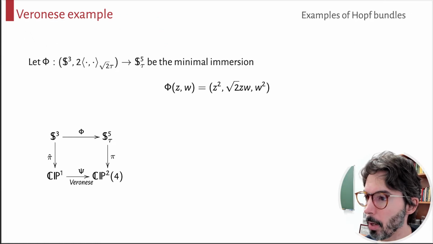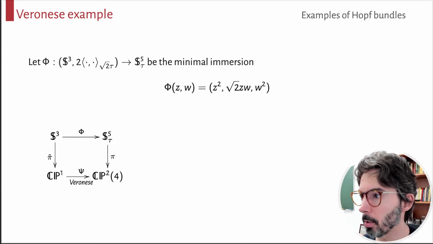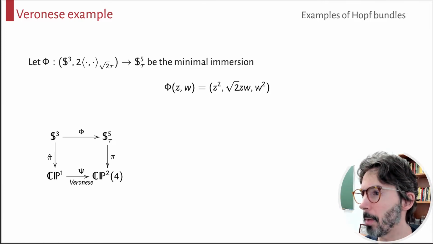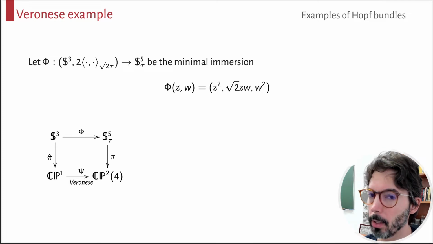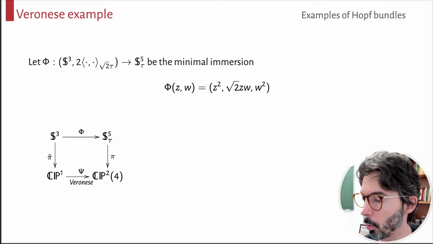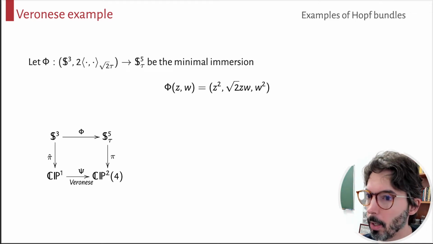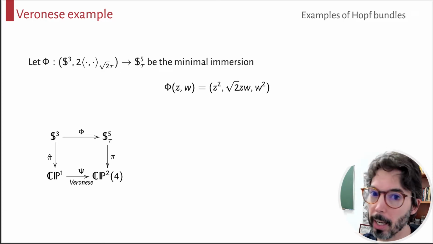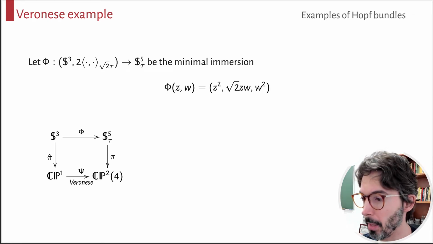The other examples that we are going to see are the Veronese examples. Let phi be the immersion from the 3-sphere with this particular metric to the 5-dimensional Berger sphere, given in complex coordinates by that expression. We can see that this is actually a Hopf bundle over CP1, taking as psi, looking at the bottom part of the diagram, the well-known Veronese embedding.